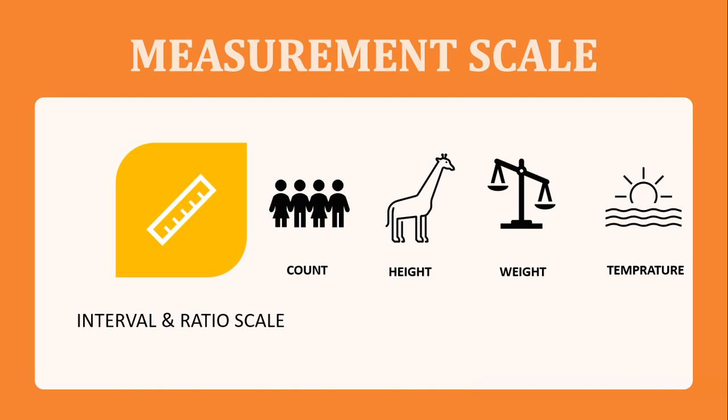If my dependent variable is a scale variable, meaning interval and ratio scale, and my independent variables are nominal and ordinal, including interval and ratio scale, then in such a scenario my statistical test will differ from one relationship to another.